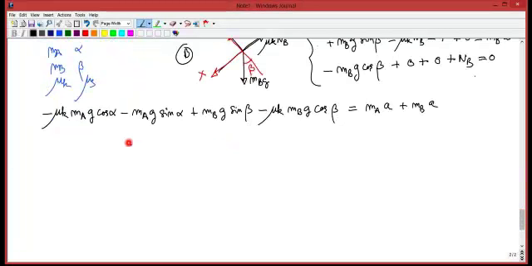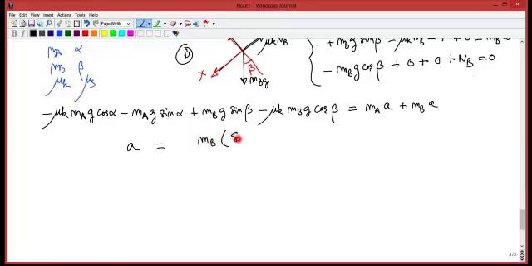And now we can solve for a. There is something common to all the terms, that's g. And then we have 2 m_A and 2 m_B, so we can combine a couple of things. m_A is negative everywhere, so let's start with m_B.